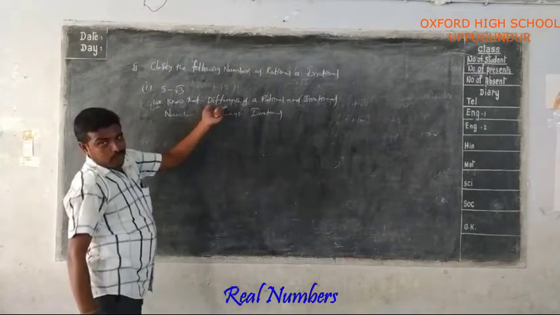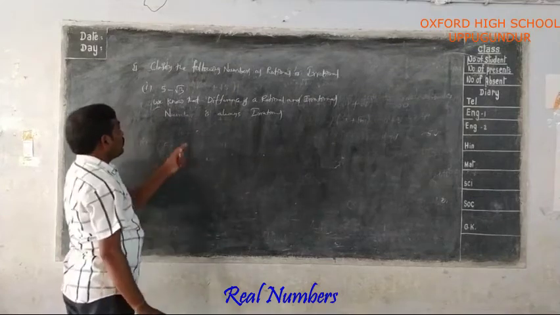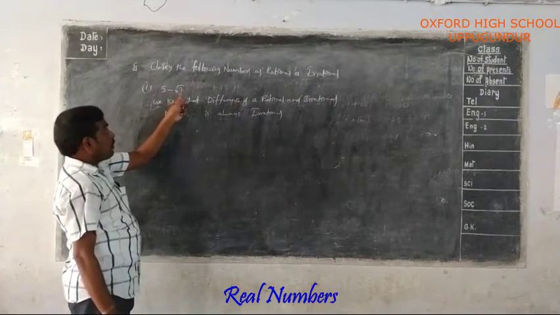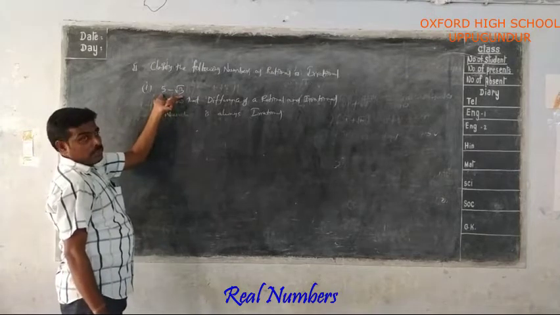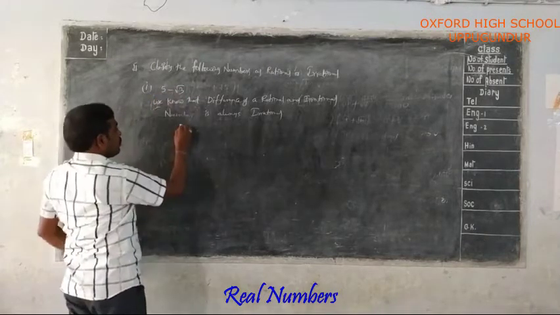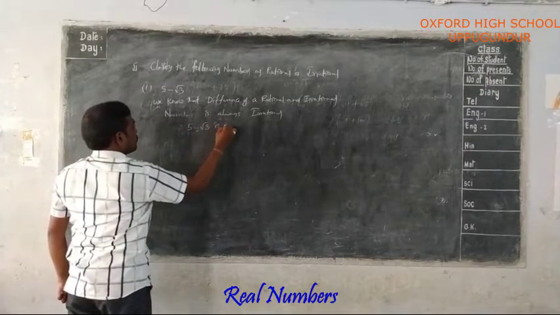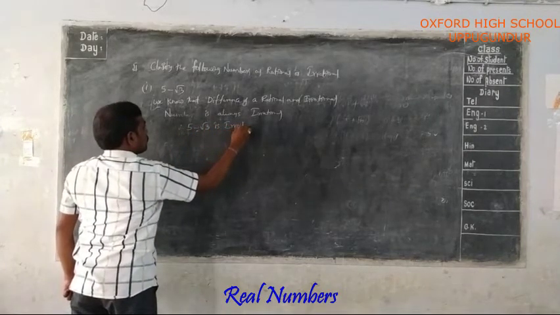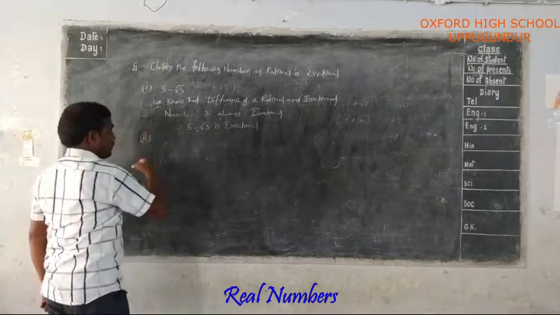The difference of a rational number and irrational number is always irrational. So here 5 is a rational number, root 3 is an irrational number. Therefore the difference of these two is always an irrational number. Therefore 5 minus root 3 is irrational.